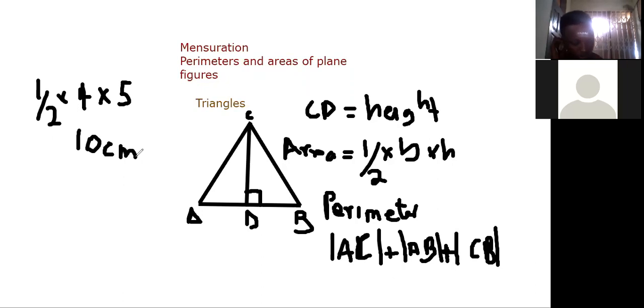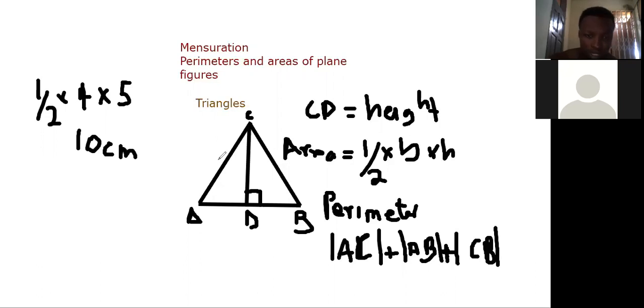Now let's do some other parts. Finding the area of a triangle is basically the same thing. But when you're talking about triangles, we have the isosceles triangle, the scalene triangle, and the equilateral triangle. Let's talk about the isosceles triangle. An isosceles triangle normally has two sides being equal and the other one not being equal.